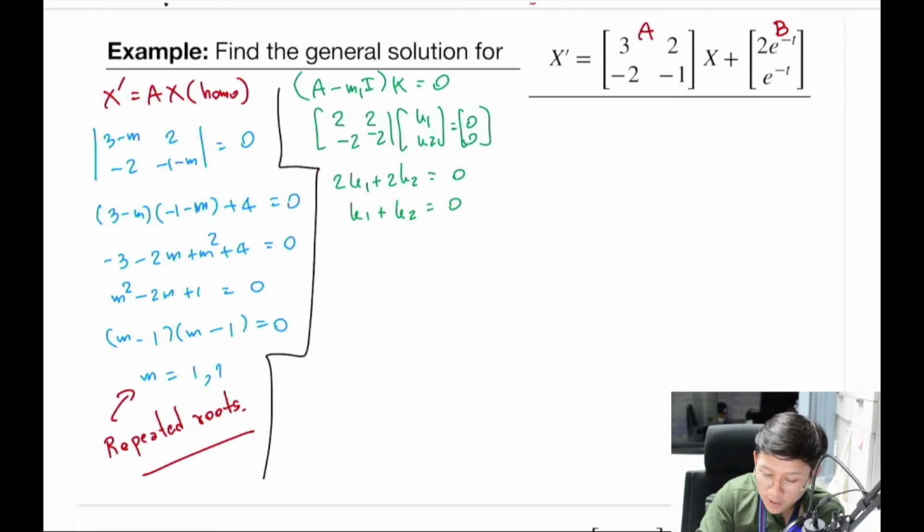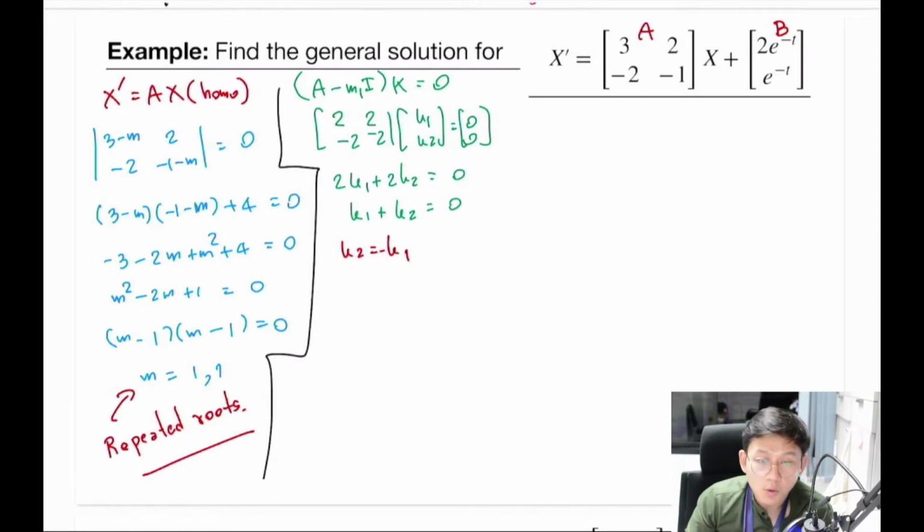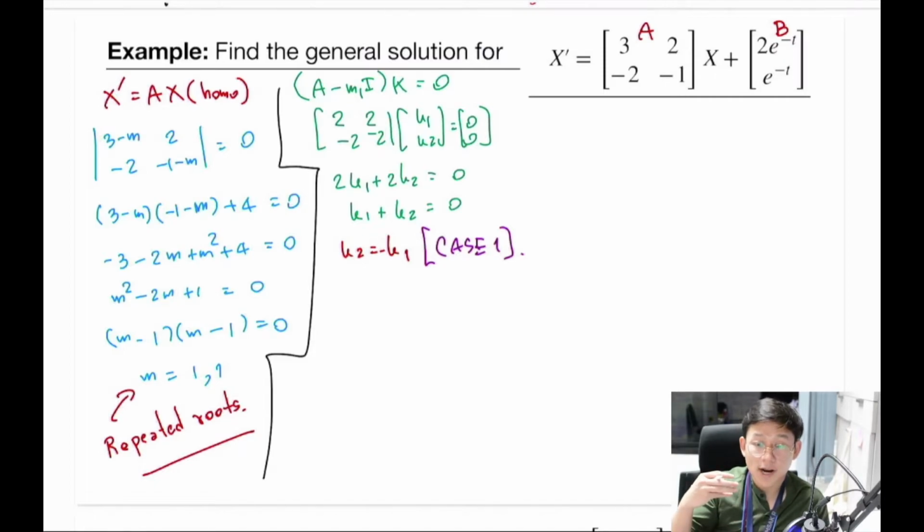Right now we can write k2 in terms of k1. k2 is actually minus k1, and that is the first case. Why? Because we can write k2 in terms of k1.